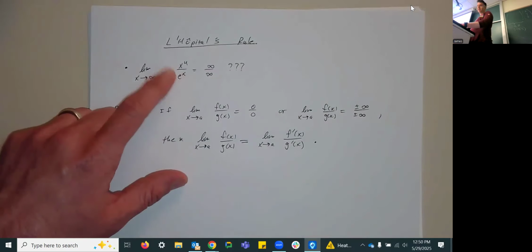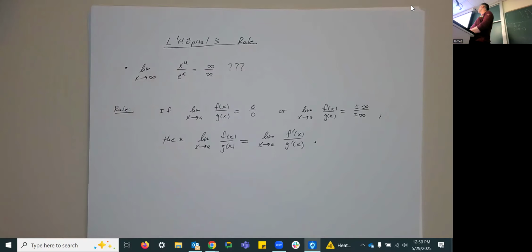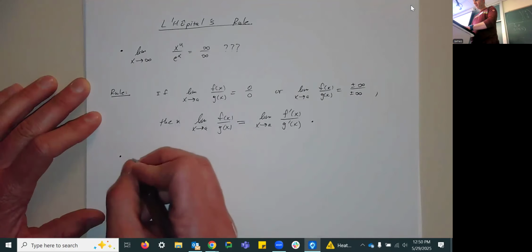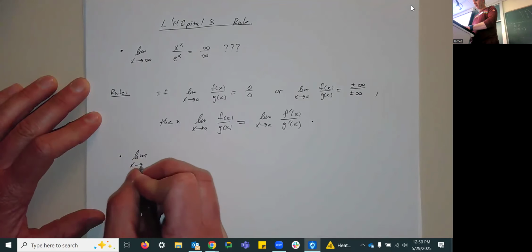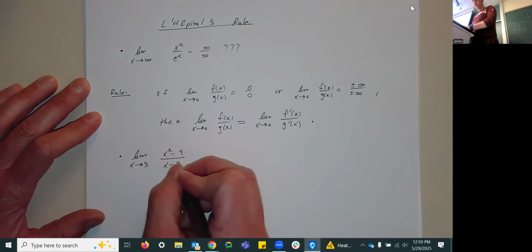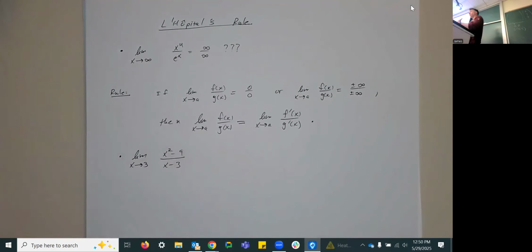So we'll come back to this example in a minute, but let's look at some examples we actually know the answers to already. For example, the limit as x approaches 3 of x squared minus 9 over x minus 3. If you plug in 3, what do you get?